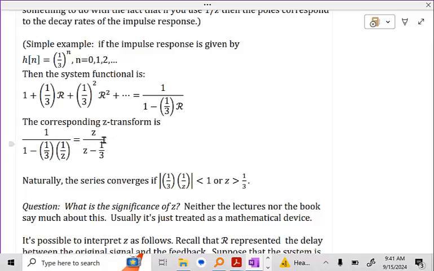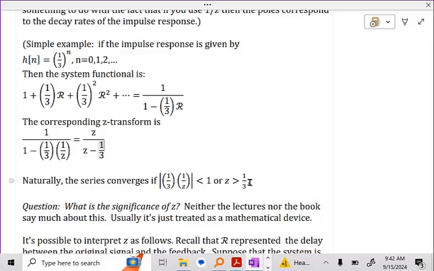You just get 1 plus 1/3 times 1 over Z plus 1/3 squared times 1 over Z squared, etc., etc. And naturally, this series is going to converge if this geometric term has absolute value less than 1. And that means that Z is greater than 1/3. You can work that out. If the reciprocal is small, then the value is large.